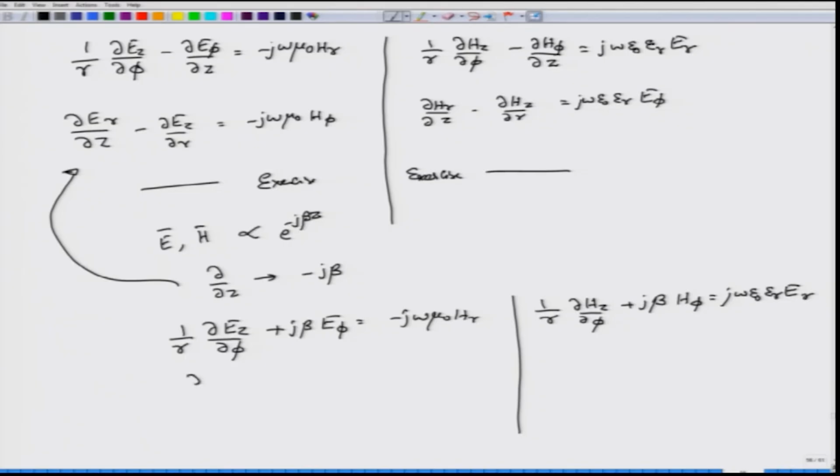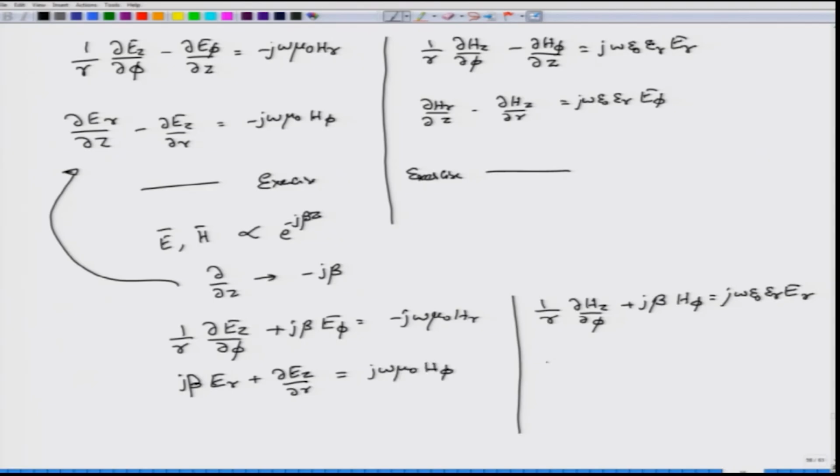The second equation becomes, because there will be a minus on all sides, you can remove that minus sign, just as we did for the slab waveguide. So, I am removing this minus sign everywhere. So, you have j beta E r plus del E z by del r equals j omega mu naught h phi.